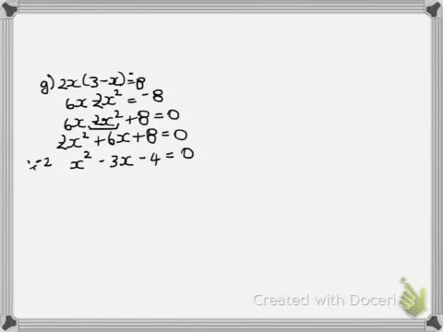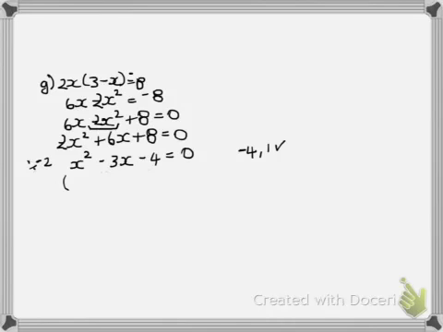Okay, I'm going to try factorising. I'm going to look for two numbers that multiply together to give me negative 4, and they've got to add up to give me negative 3. Maybe I'll try negative 4 and 1. Negative 4 times 1 is in fact negative 4, and negative 4 plus 1 is in fact negative 3.